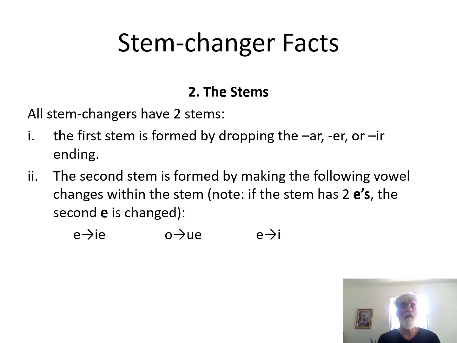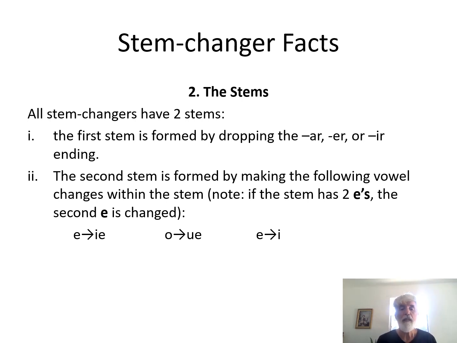So what I want you to see here is, let's go back to the stem now, because when we conjugate a verb, we need to have a stem. We just went through the endings, but what about that stem? Well, how do we get the stem of a verb? Just any regular verb, we drop the AR, ER, or IR ending that we learned months ago.